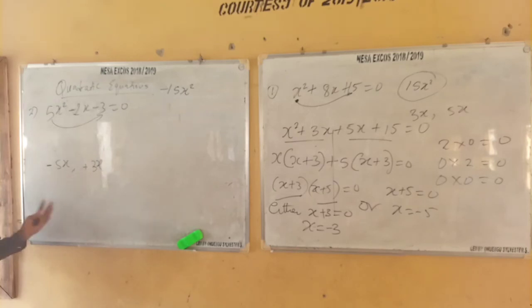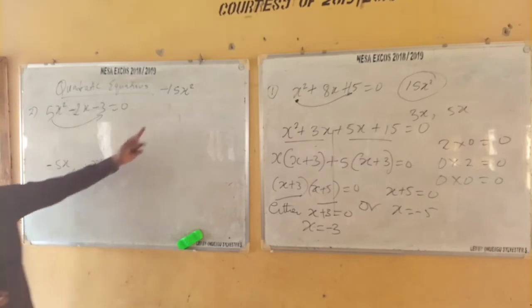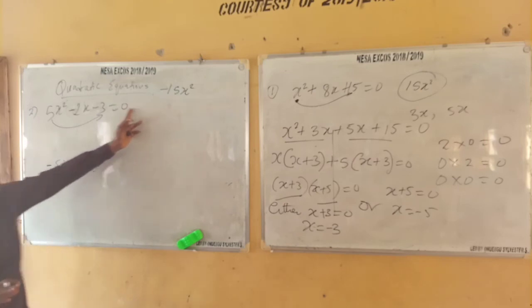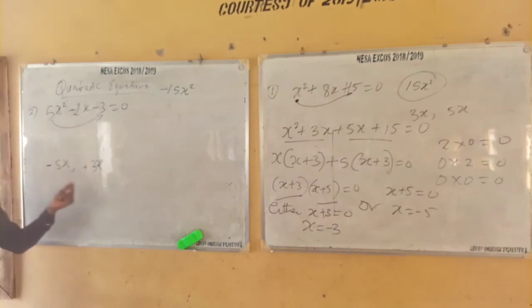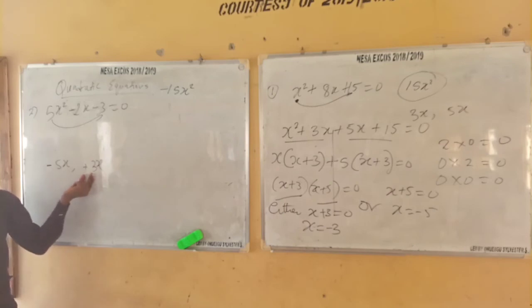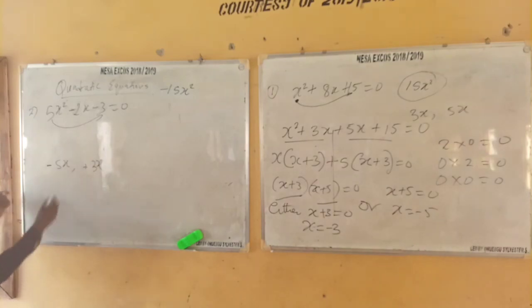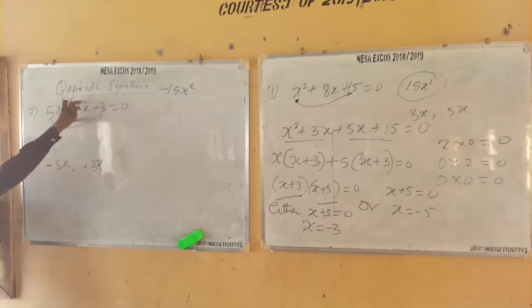So the two numbers I will multiply to get minus 15x squared, and when I add, I will get minus 2x, are minus 5x and plus 3x. They are the two numbers. So I will use them to replace minus 2x.